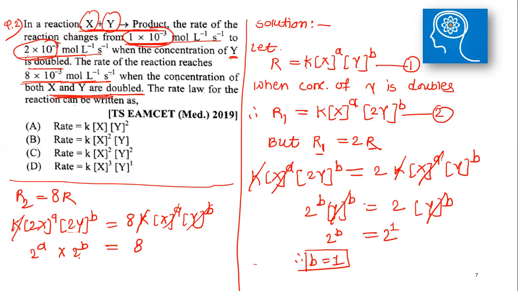So we can put that value in this equation. So it will become 2 to the power a multiplied by 2 equal to 8. ओके, म्हणजे त्यालाच आपण लिहितो 2 to the power a equal to 8 upon 2, that is 4. 4 means what? 2 to the power 2, म्हणजे a ची व्हॅल्यू झाली आहे 2. सो a is equal to 2.